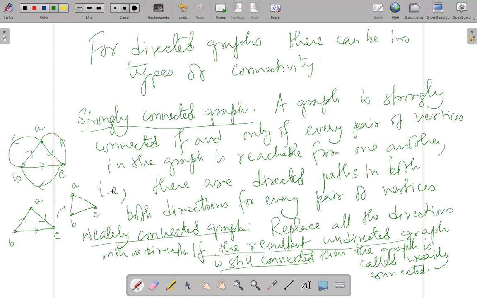Okay, because there is a path between every pair of nodes.